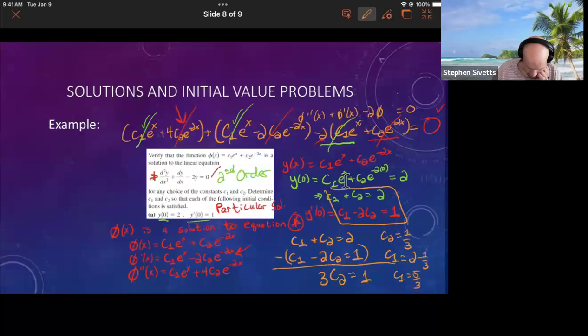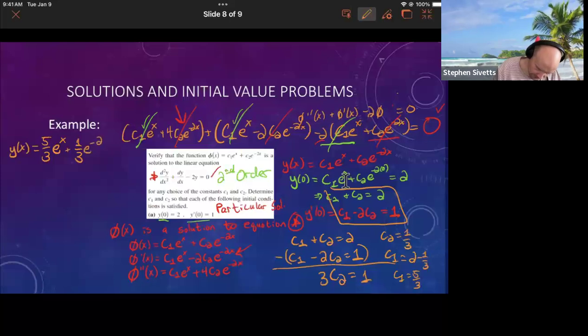All right, so our particular solution would be, c1 is 5/3, so 5/3 e to the x plus 1/3 e to the negative 2x.